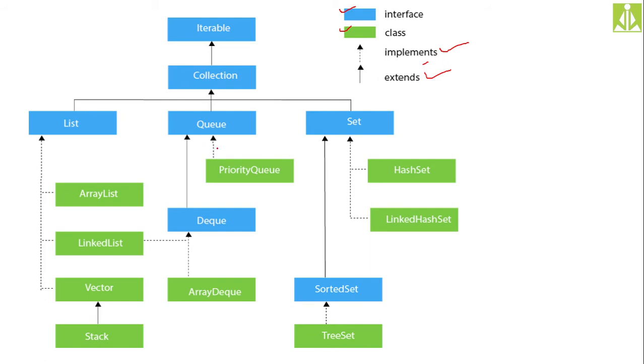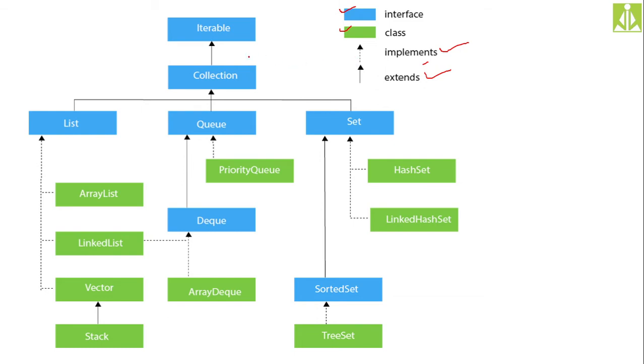Remember this difference. In order to understand this complete hierarchy, we need to keep that legend in mind: blue for interface, green for class, dotted arrow for implements, and solid arrow for extends.